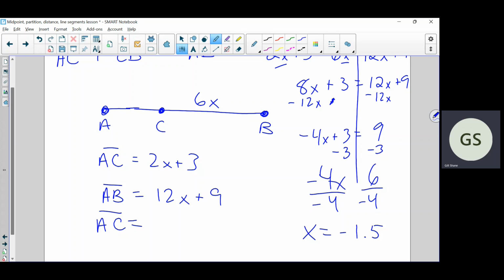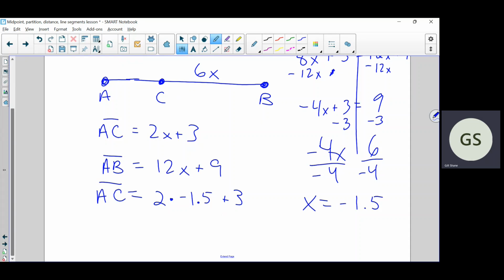So I would have to say, okay, well now I take the x of negative 1.5, multiply it by that. Yeah, this one won't make sense either. So if I do this math, I actually am going to come out with something that doesn't really make sense again. That's negative 3 plus 3. So I get AC equals 0, which doesn't really make sense. So you're going to get a negative number that doesn't make sense for a length.